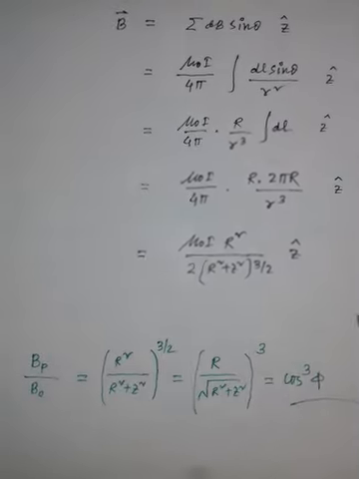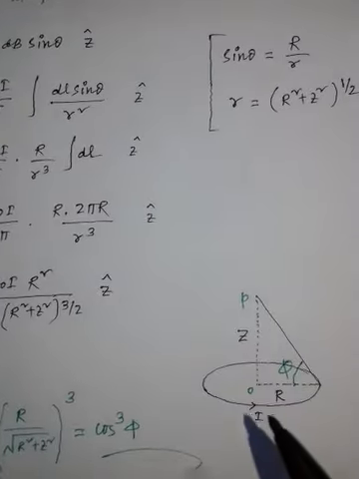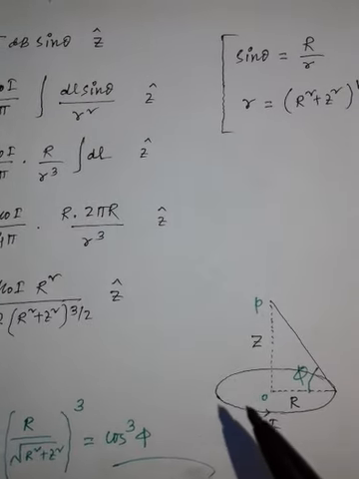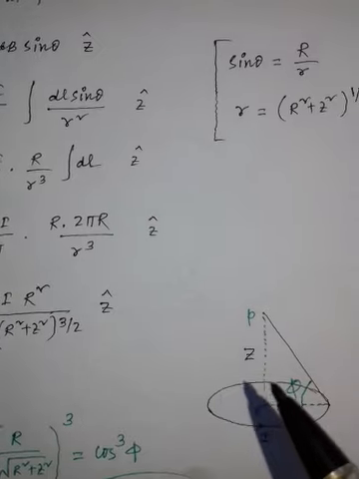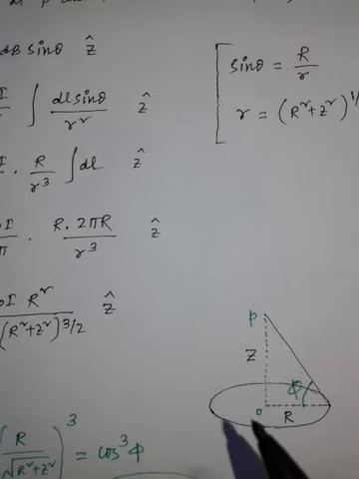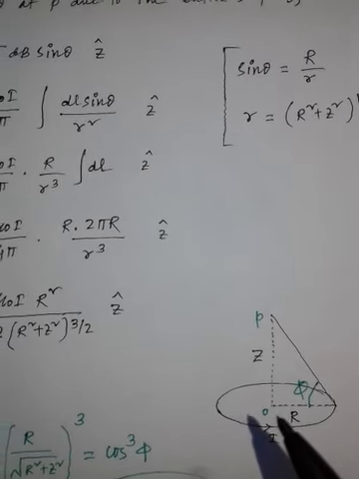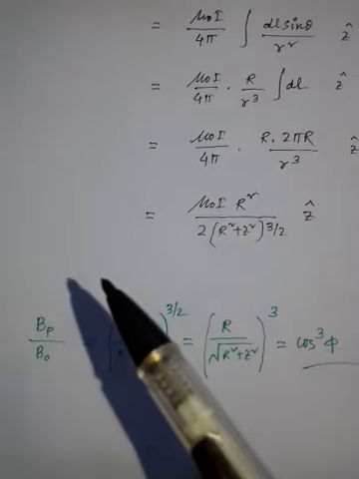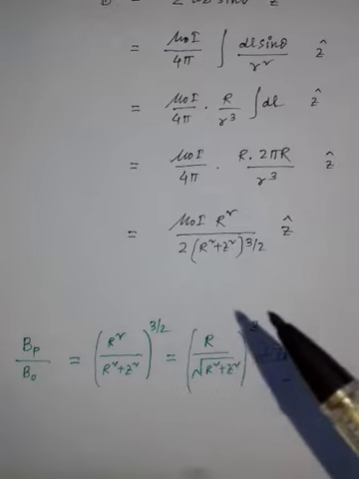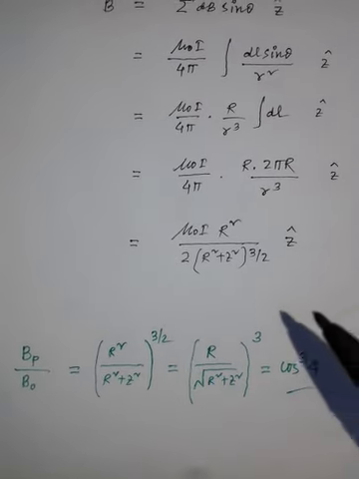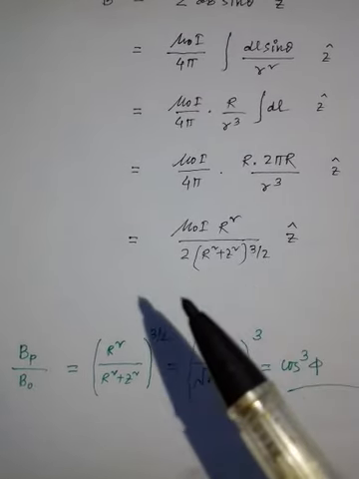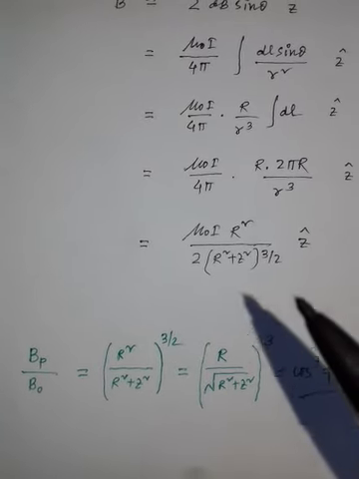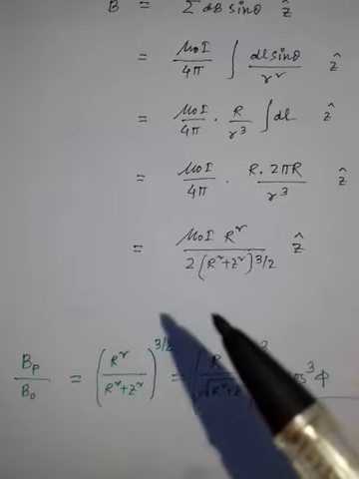Now look at the figure. If we want to find out the ratio of the magnetic field at P and the magnetic field at O, then we will have this type of expression, because mu naught I by 2 cancels out, and r square cancels out.